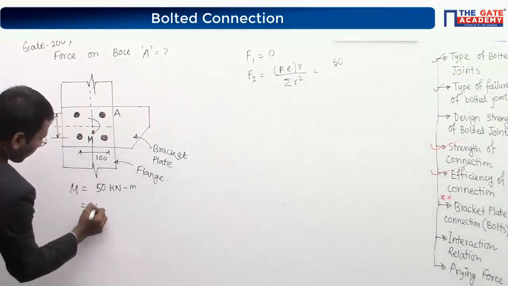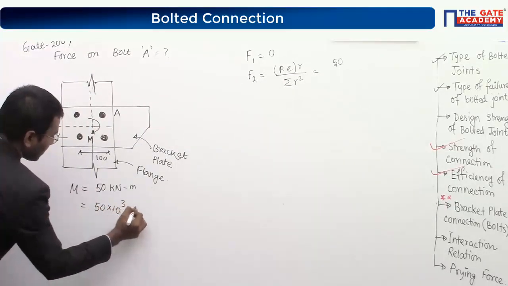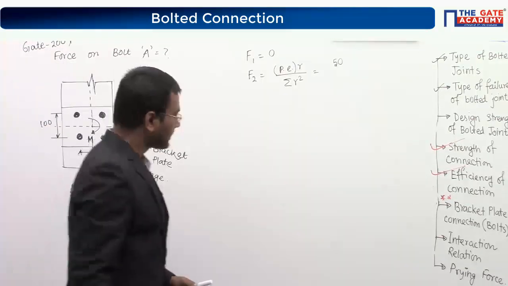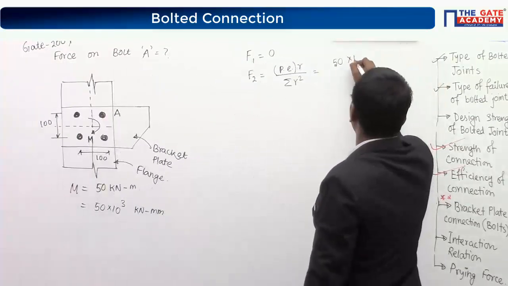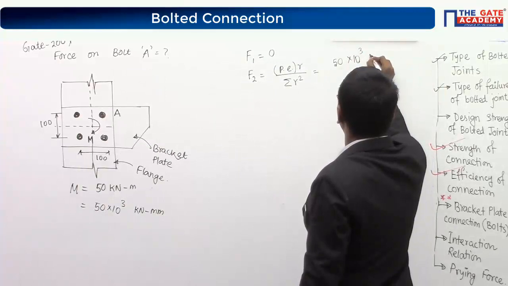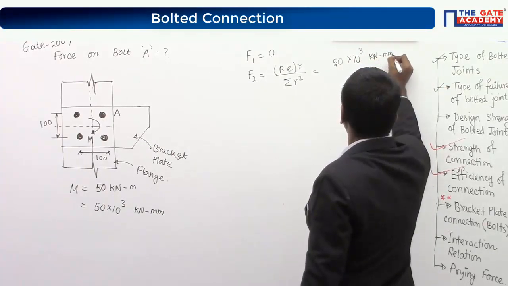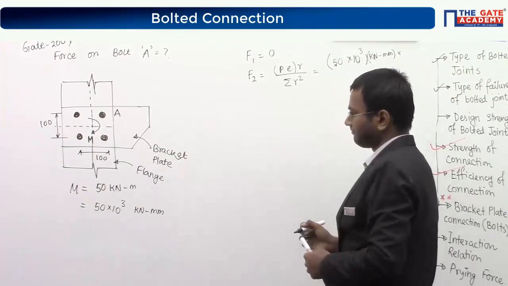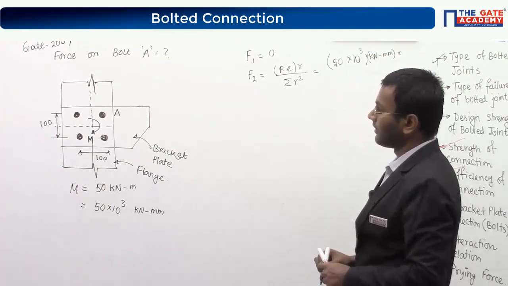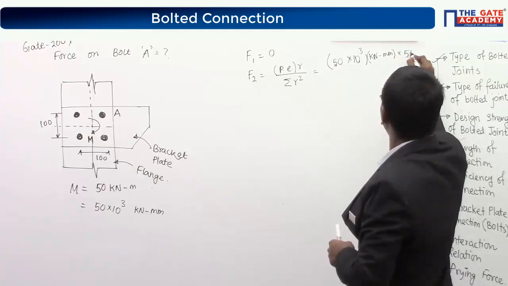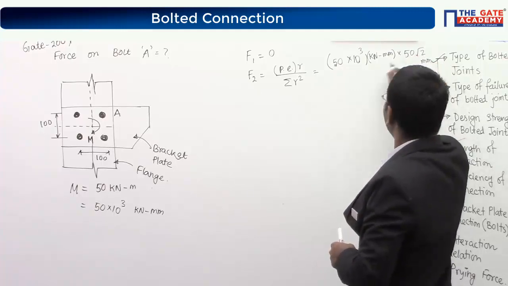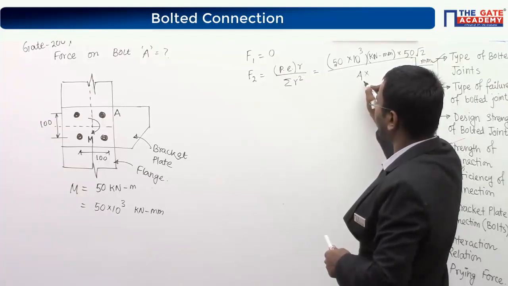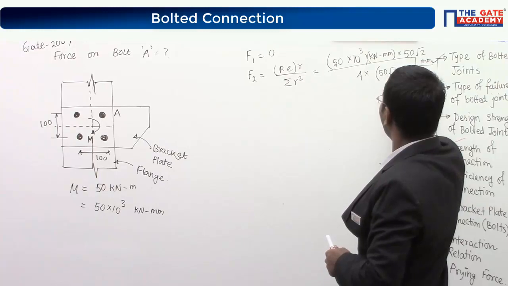So 50 multiplied 10 to the power 3 kilonewton millimeter, multiplied by R. What is the value of R in this case? This is 50, this is 50, so 50 root 2, also in millimeter, divided by summation of r square. So 4 multiplied by 50 root 2 whole square.